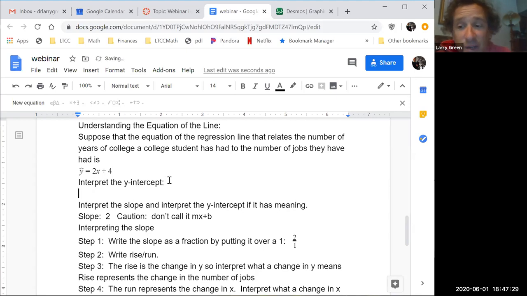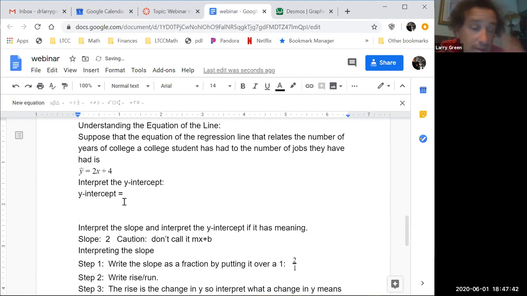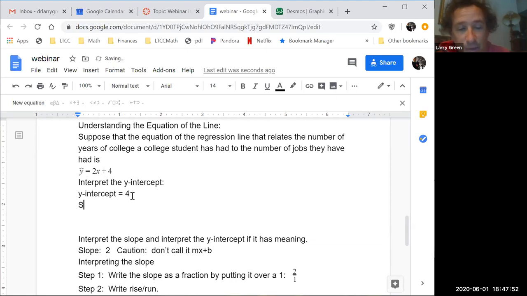Okay, so the first thing, what is the y-intercept in this case? Looking for a number. Yeah, it's 4, and I'll write what you wrote in a bit, but I want to make that step 1. So step 1 is write the y-intercept as 0, comma, y-intercept.